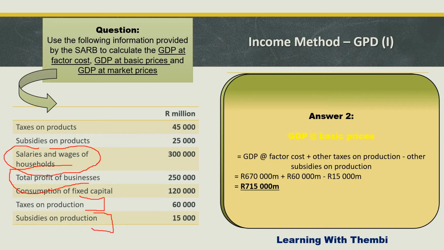We substitute the GDP at factor cost by 670,000 million rand. Then we add the taxes on production, which is 60,000 million rand. Then we subtract other subsidies on production, which is 15,000 million rand. And the total of the GDP at basic prices is going to be 715,000 million rand.